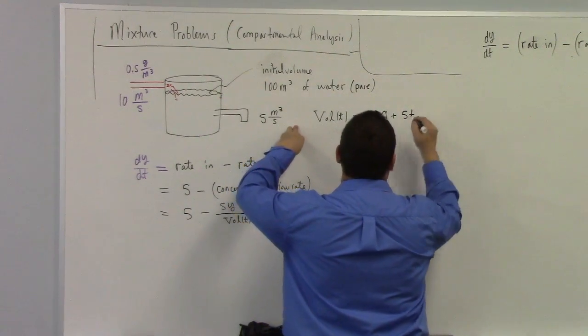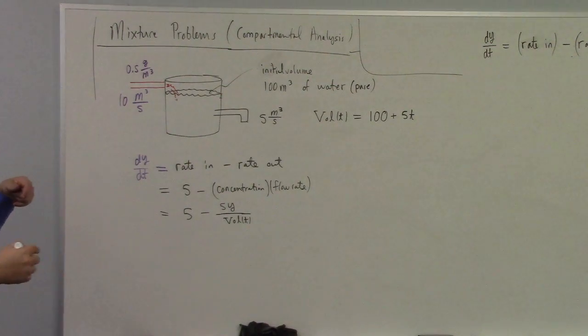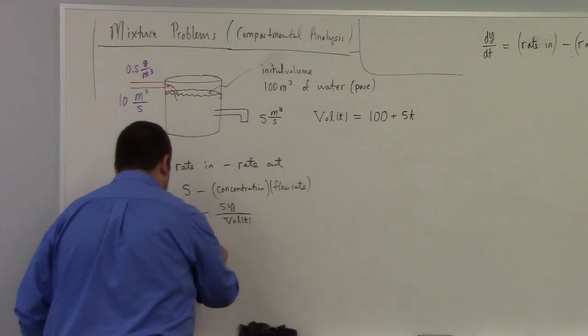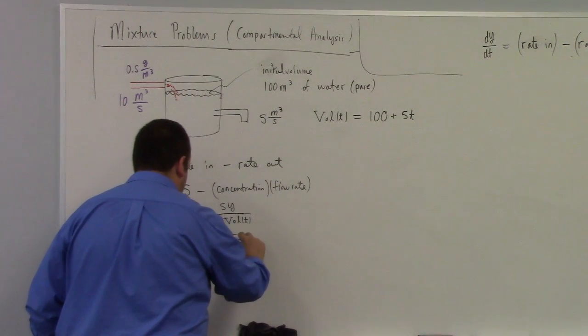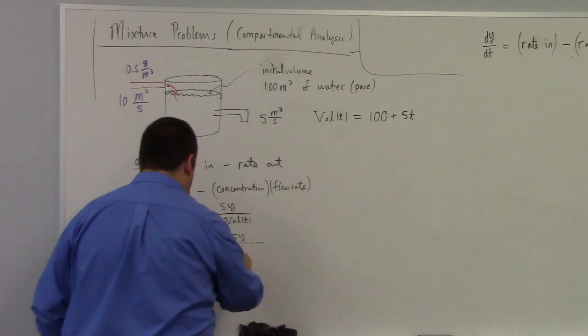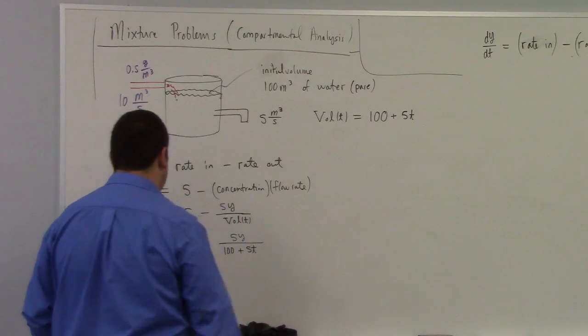Does that make sense? At t equals 1, 105 cubic meters. At t equals 2, 110 cubic meters, and so forth. And so this actually is 5 minus 5y divided by 100 plus 5t.